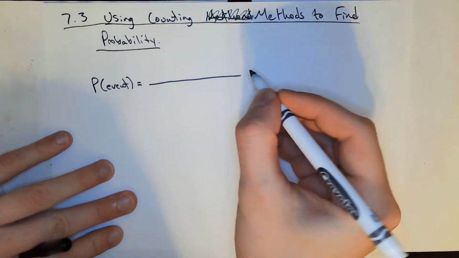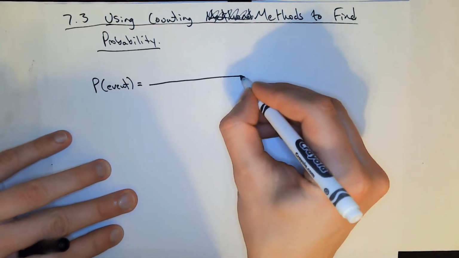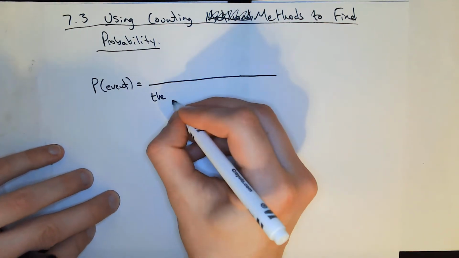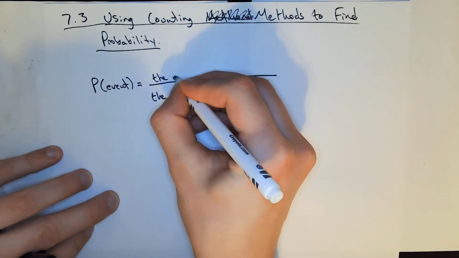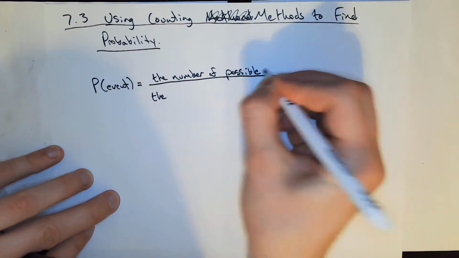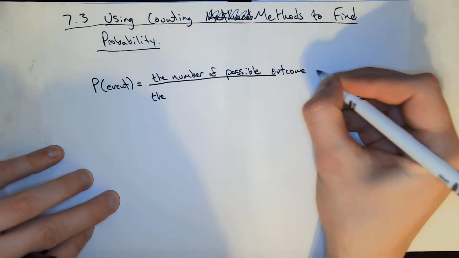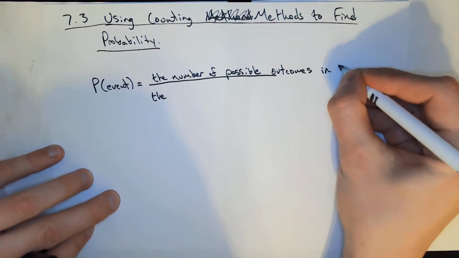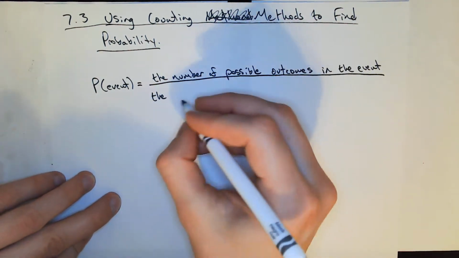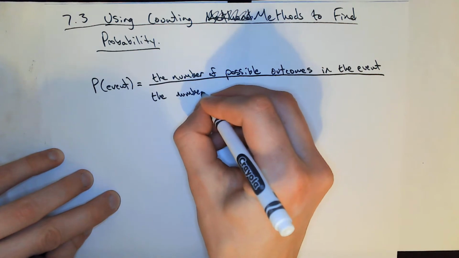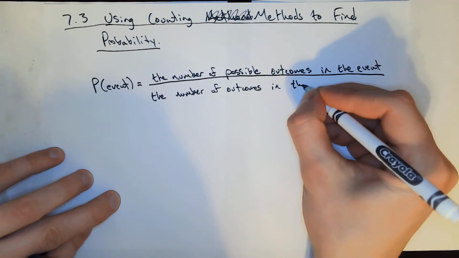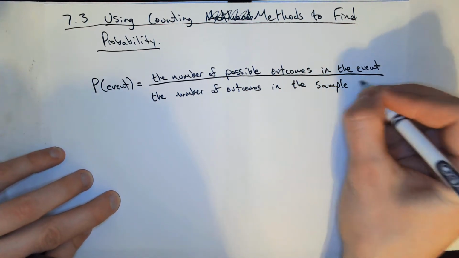If someone asks you what is probability, it's kind of a loaded question, but the simplest way to answer it is a fraction of, let me start with the top, the number of possible outcomes in some event, whatever event is being measured, over the number of outcomes in the sample space.